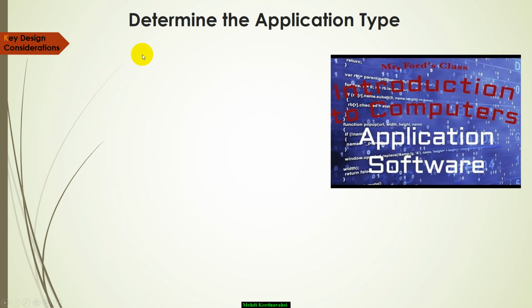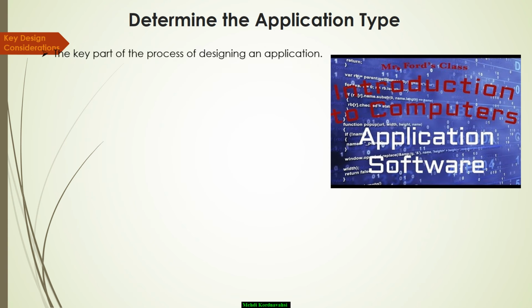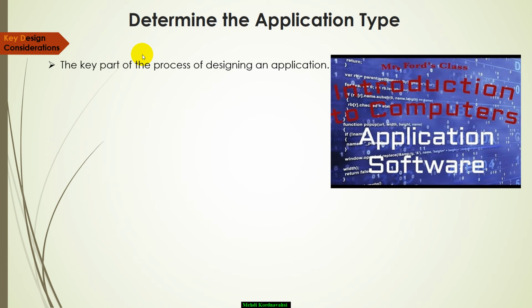Choosing the appropriate application type is a key part of the process of designing an application. Your choice is governed by your specific requirements and infrastructural limitations.